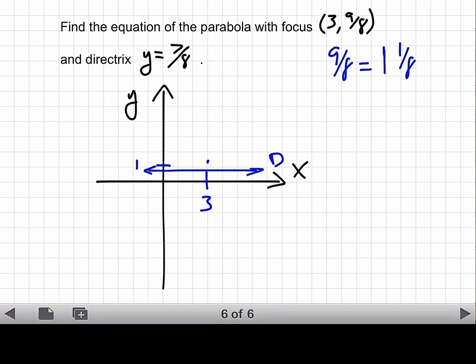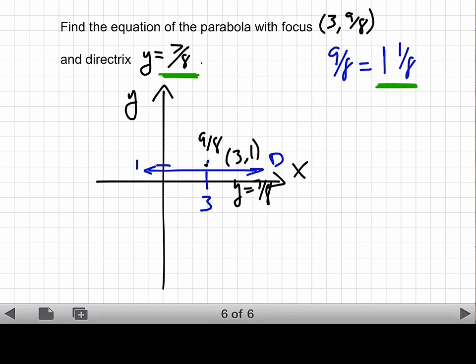So if the focus has a y-coordinate of 1 and 1/8, and the directrix is y equals 7/8, then halfway between 9/8 and 7/8 is going to be 1. I know that the vertex has coordinates (3, 1).